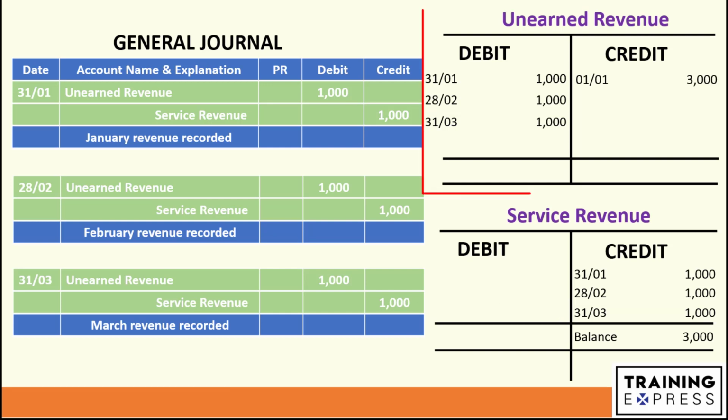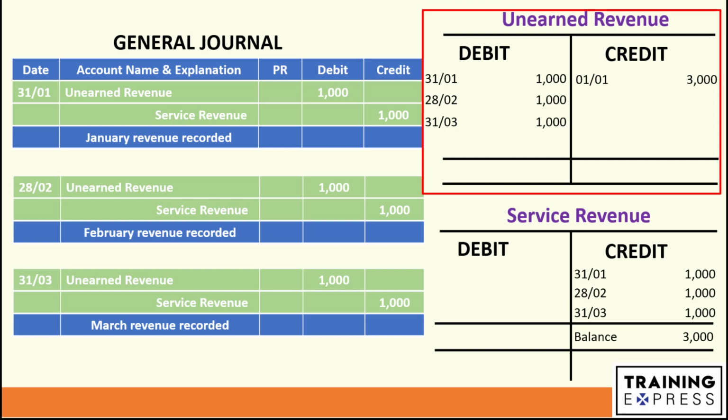Now let's look at the T accounts. Unearned revenue was initially credited by $3,000 on 1st of January, and at the end of each month of January, February and March, it was debited by $1,000 each. So you would see that the ending balance in unearned revenue is zero.